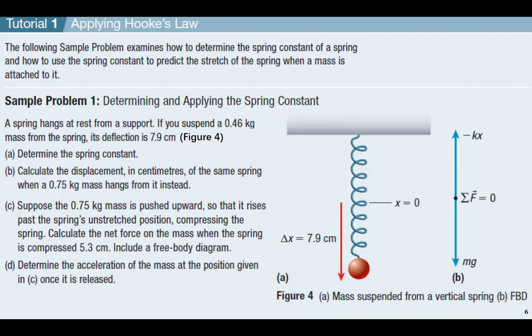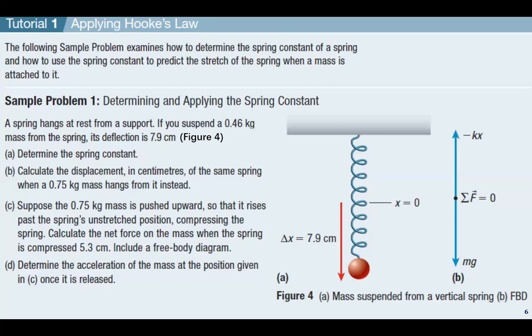Question C, suppose the 0.75 kilogram mass is pushed upward so that it rises past the spring's unstretched position, compressing the spring. Can you calculate the net force on the mass when the spring is compressed 0.3 centimeters? Include a free body diagram in your solution.